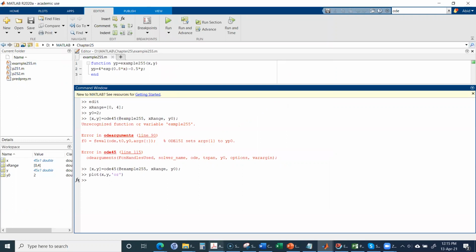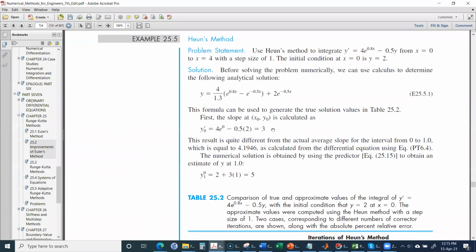In this example, we already know the analytical solution. So we can also plot this analytical solution over this, and then we can see the difference, how well it matches. For plotting this analytical solution, we also need the values of x and y.